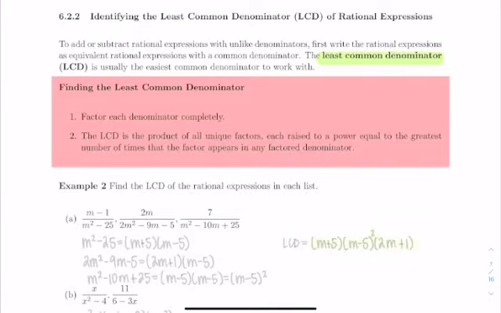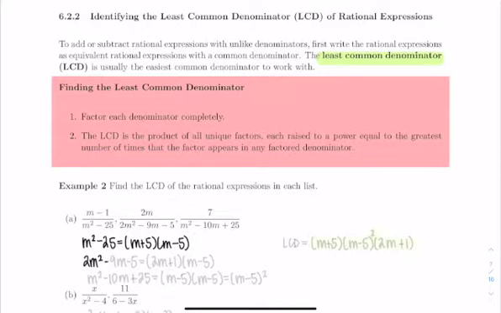m minus 1 over m squared minus 25. Well, we're just looking at the denominator. So m squared minus 25 is a difference of two squares, so we can factor this as (m plus 5)(m minus 5).